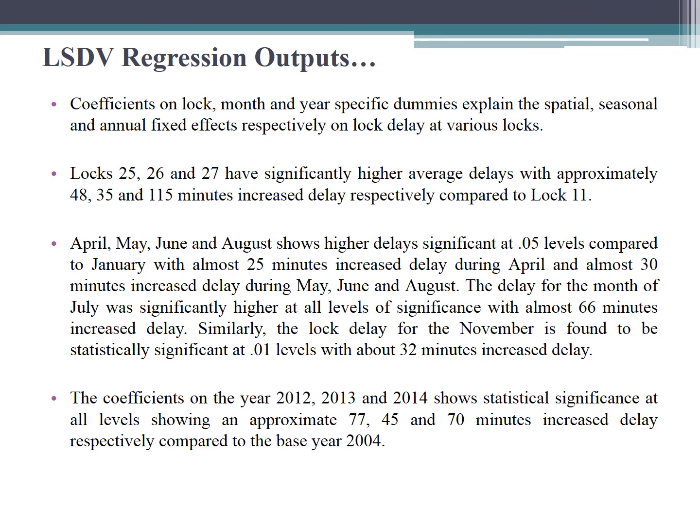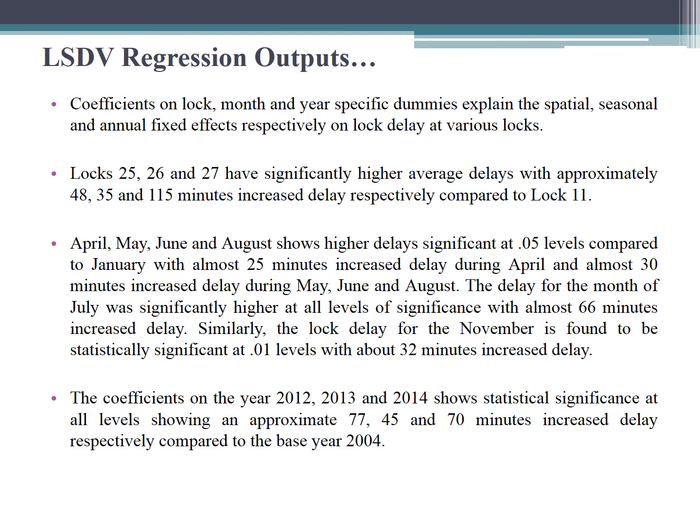Similarly, the coefficients on month, April, May, June and August, show significantly higher delays at 0.05 levels compared to January, with almost 25 minutes increased delay during the month of April and almost 30 minutes increased delay during the months of May, June and August compared to the reference month of January.